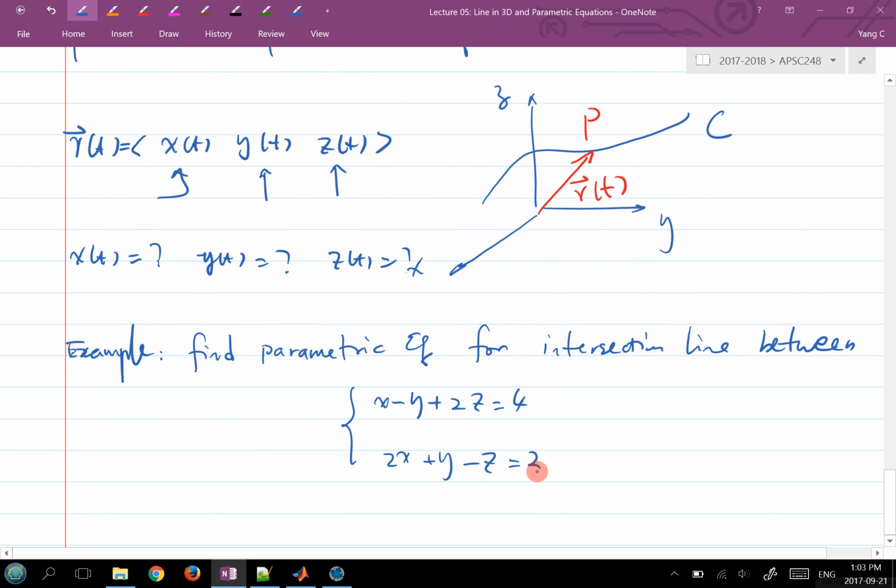The moment you see this question, you probably will say, what does that have to do with a parametric equation for a curve? Well, a line equation is a curve, right? It's a special curve, a straight line.